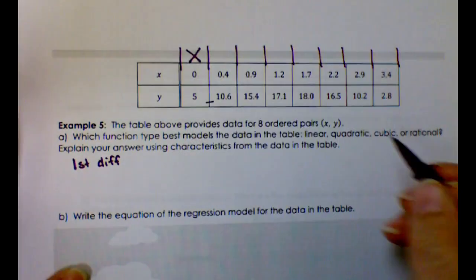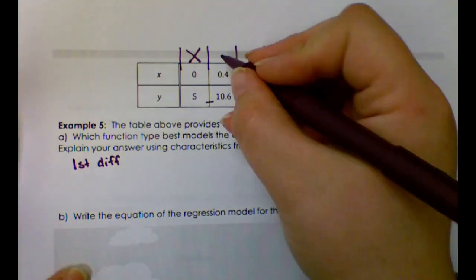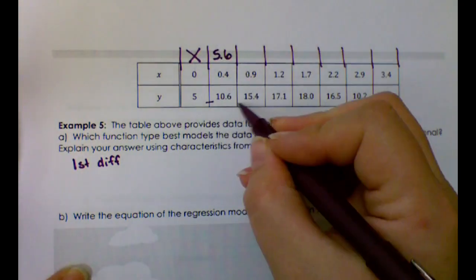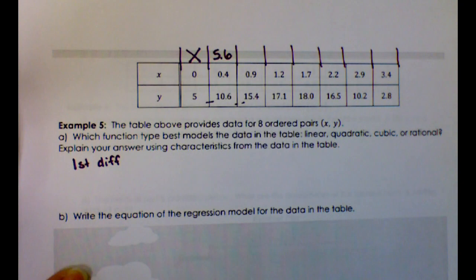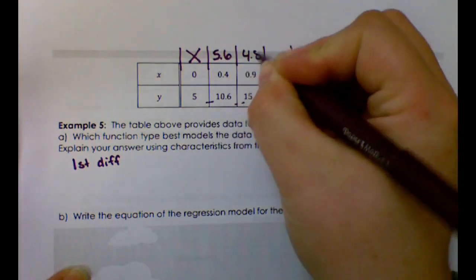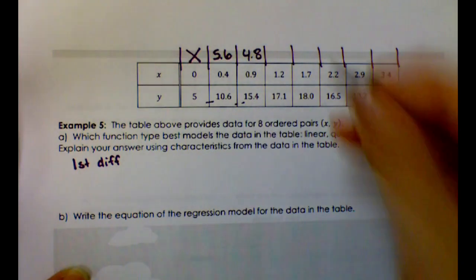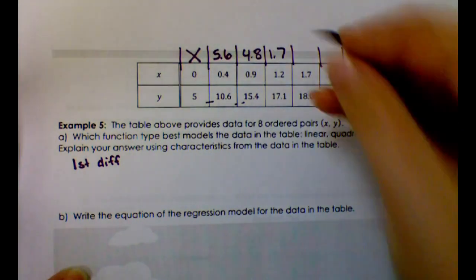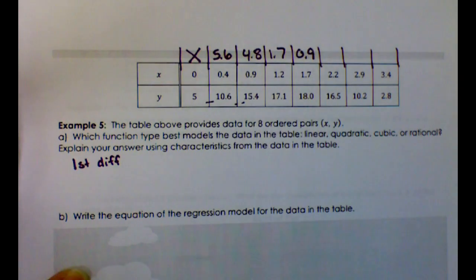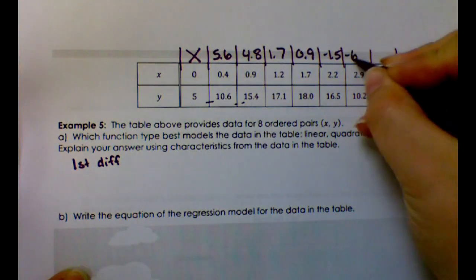There won't be a first difference in the first spot, but 10.6 minus 5 is 5.6. Then 15.4 minus 10.6 is 4.8. And then 17.1 minus 15.4 is 1.7. 18 minus 17.1 is 0.9. 16.5 minus 18 is negative 1.5. 10.2 minus 16.5 is negative 6.3.